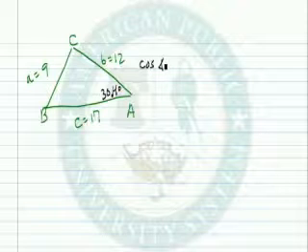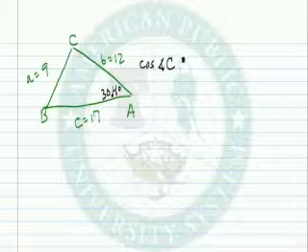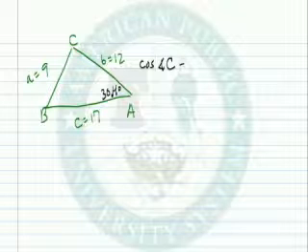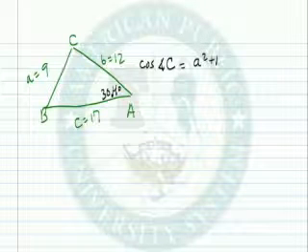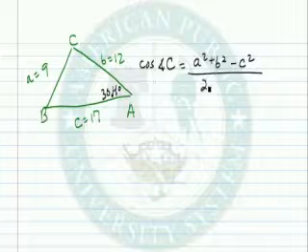Let's find angle C next, because it's going to be the biggest angle, and I'd like to see what happens with that. The cosine of angle C is equal to a squared plus b squared minus c squared over 2 times a times b.